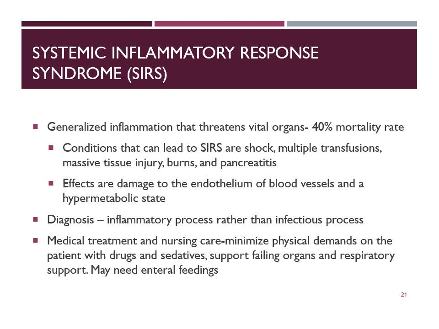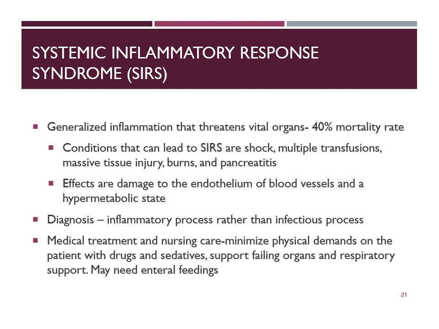All right, so another thing that we might encompass is systemic inflammatory response syndrome, or SIRS. So this is a generalized inflammation that threatens the vital organs. It's inflammation, usually due to stress. There's a 40% mortality rate if they get this.